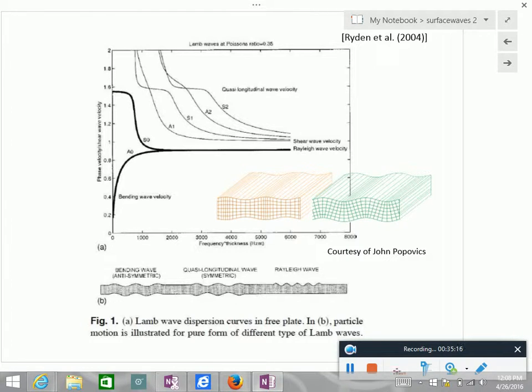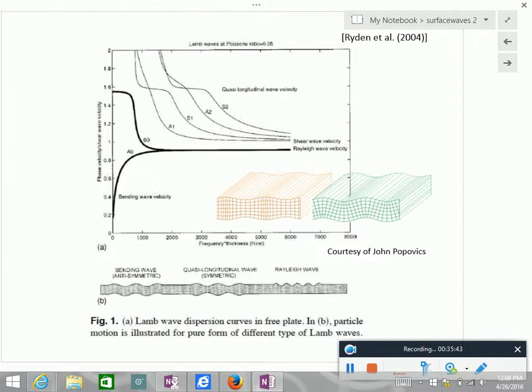So look at here. If we have a free plate, you have this slide, no? So you are right. Dispersion happens in reality because of multiple reflection and refraction at the boundary. This is the other way to actually look at it.